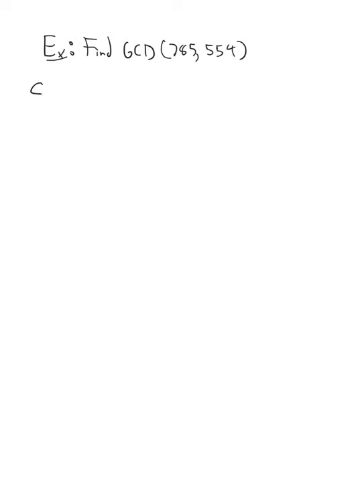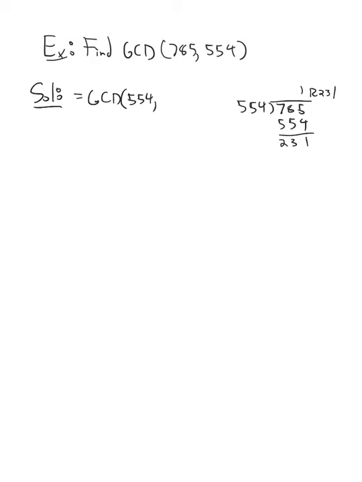Okay, now that we're back, again, we're just going to apply the Euclidean algorithm just like we did in the previous example. So 554 into 785 goes once. We subtract, we get 231. So this is the same thing as the greatest common divisor of 554 and 231.